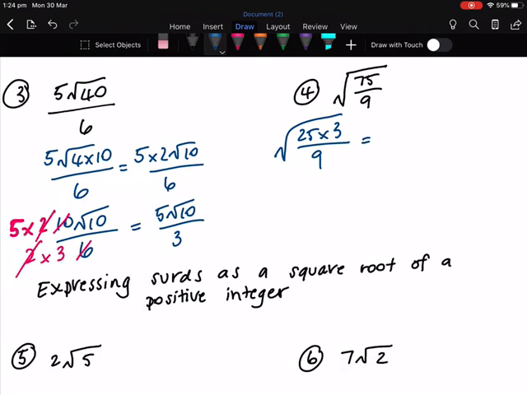I can rewrite this to make it a bit easier. And then that becomes 5 root 3 over the square root of 9, and the square root of 9 is 3. That can't be simplified anymore because 5 and 3 are both prime numbers.